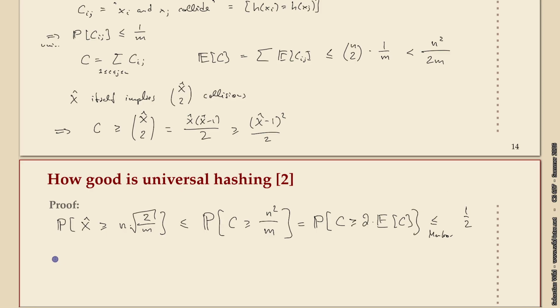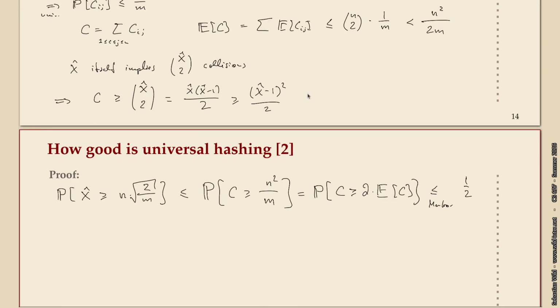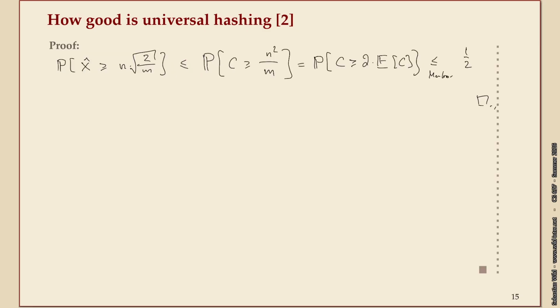And if we insert n equal m, we get the simplification that we had before. I think I've had this up here. Yep. So that's already the end of the proof.